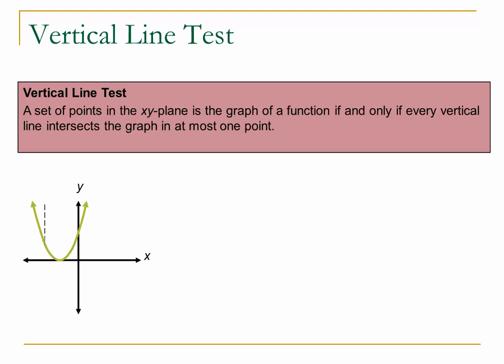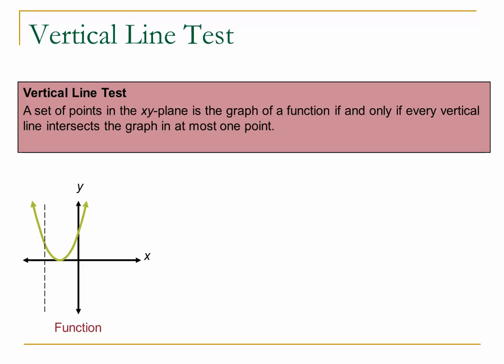If you look at a graph, the x values can only map to one y value. So if you draw a vertical line, you should only touch that graph at one point. So the vertical line test says that a set of points in the xy plane is the graph of a function if and only if every vertical line intersects the graph in at most one point.